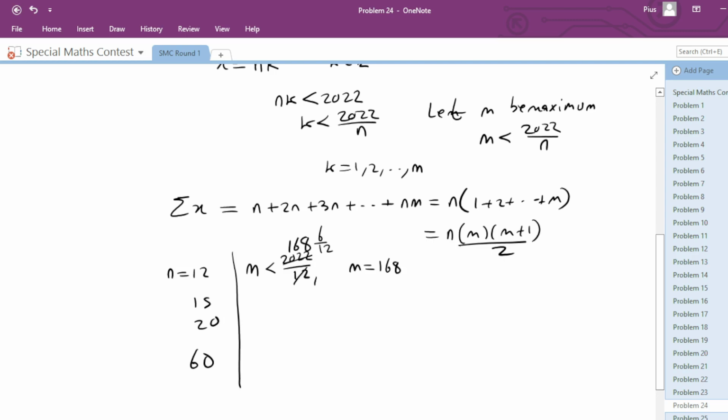We just need to figure out the other values in a similar way. I'm just going to do that now.